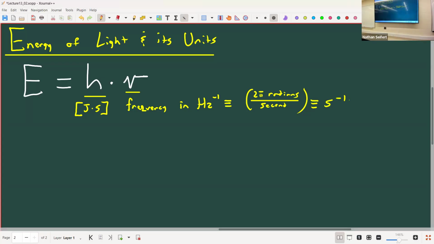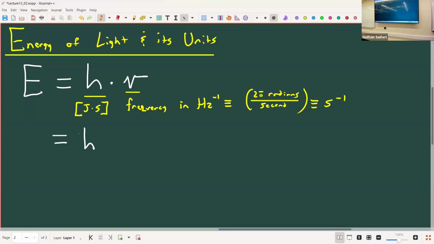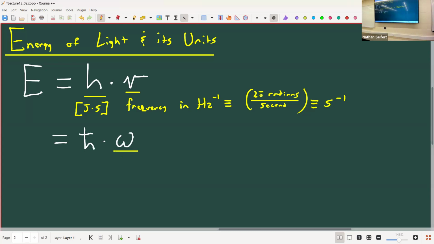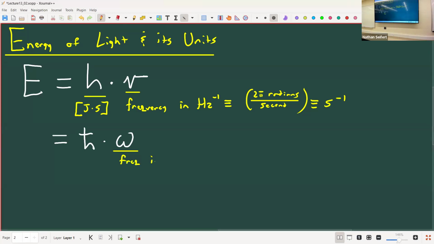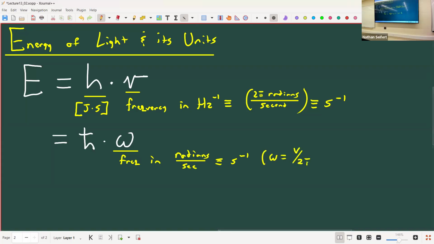There's another way to write this, depending on our context. We can also write this as h bar times omega. And this is the frequency in radians per second. But notice that omega is 2 pi times nu.